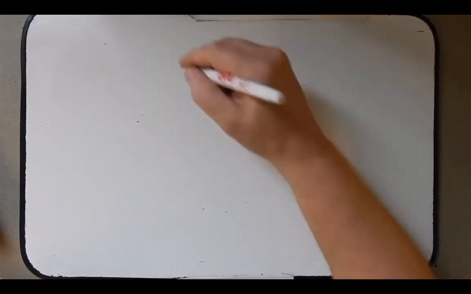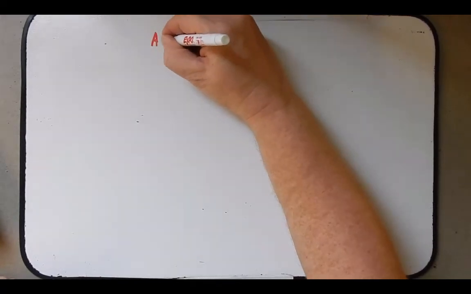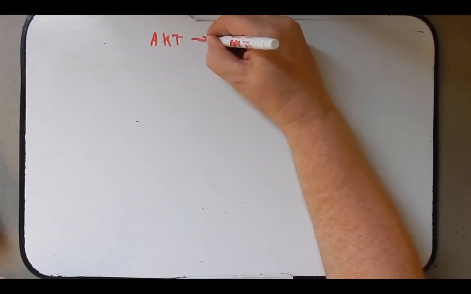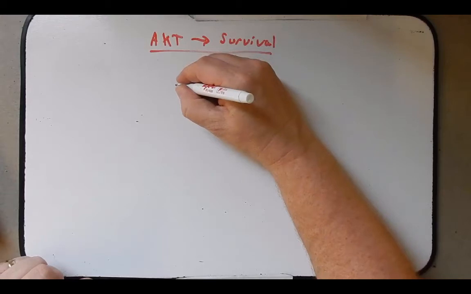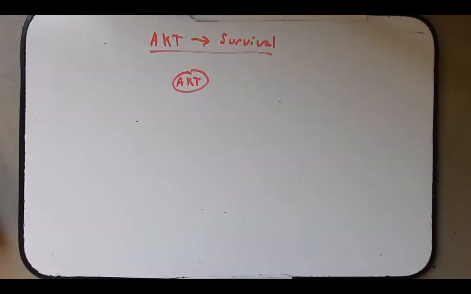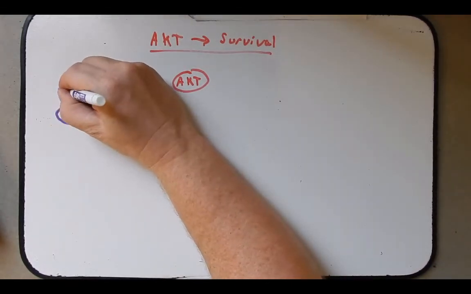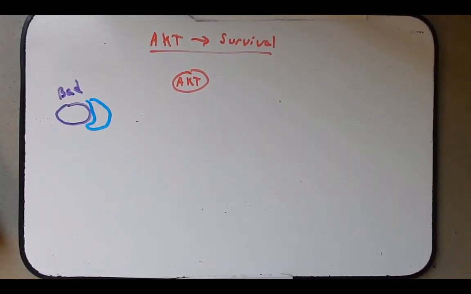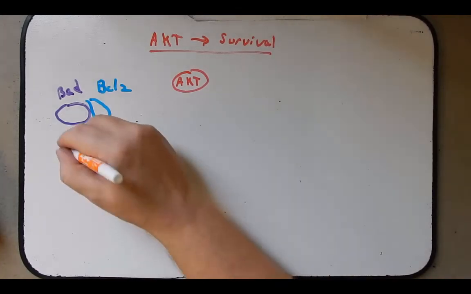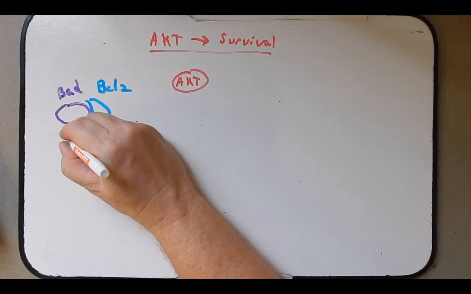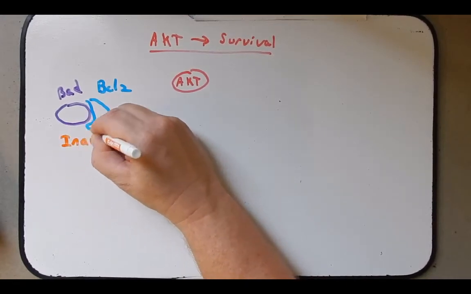Okay, let's focus now on what AKT is doing to promote survival. So we can draw AKT here, and then I need to introduce two new proteins for you. One is called BAD, and the other is called BCL2. And so this BAD BCL2 complex, as drawn when they're bound together, is inactive.